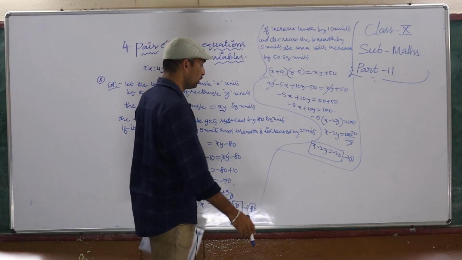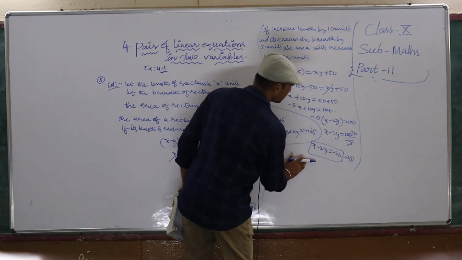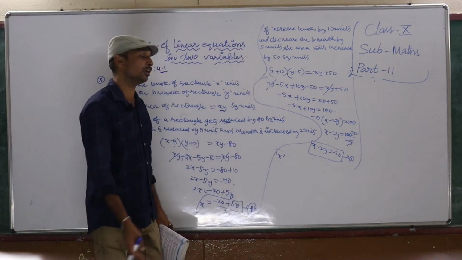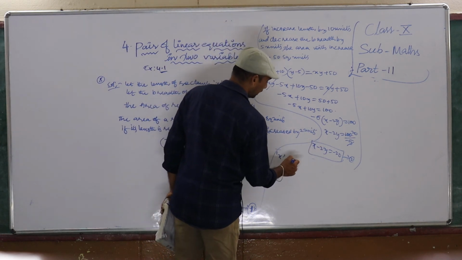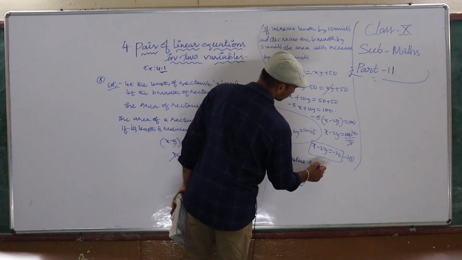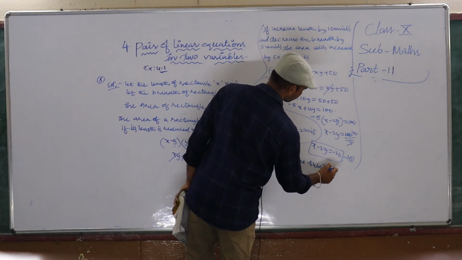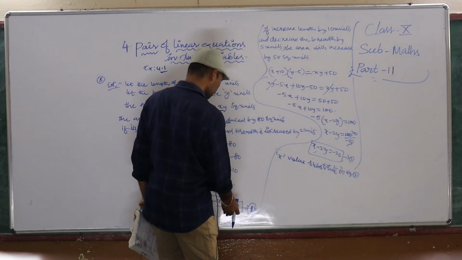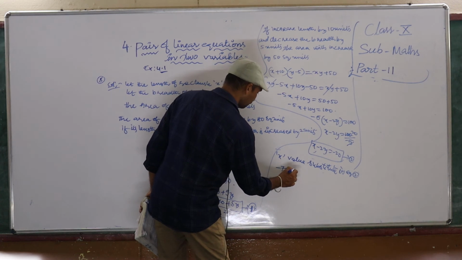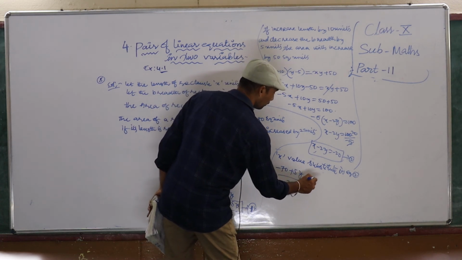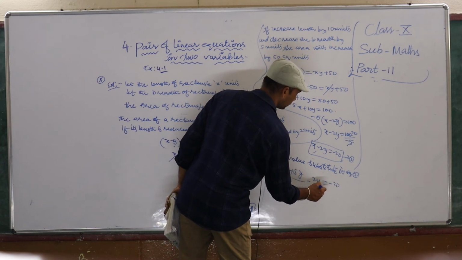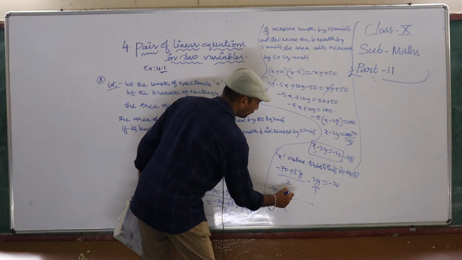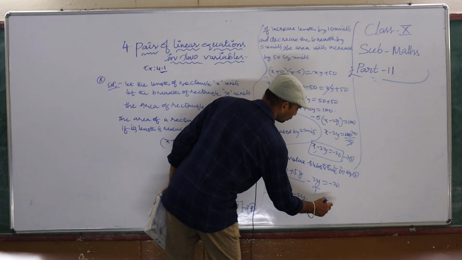Okay children? So here, from the first equation we are getting x value, no, that value substitute in equation number 2. So x value, minus 70 plus 5y by 2 minus 2y is equal to minus 20. LCM here, 2 LCM, minus 70 plus 5y minus 2y is equal to minus 20.